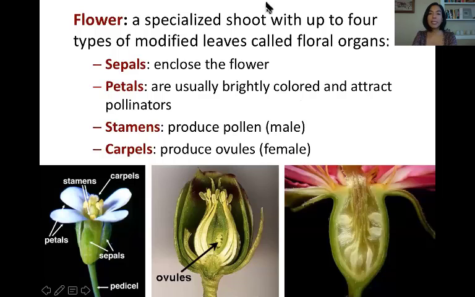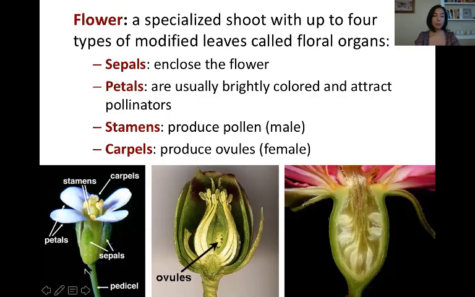Flowers are a specialized structure, the sexual organ in these angiosperms. They can have multiple types of structures, up to 4 in this flower, but there are many differences in different groups. When they have the 4 structures, they're going to have sepals.